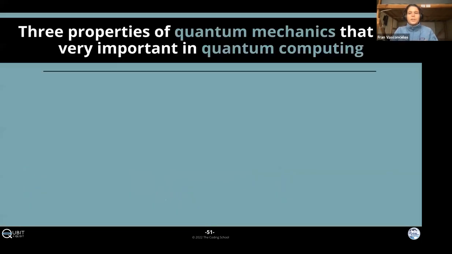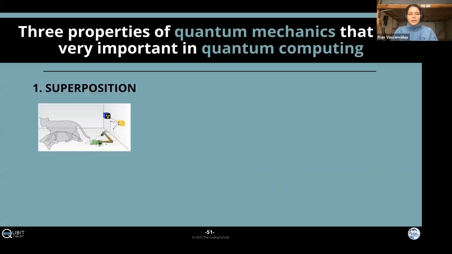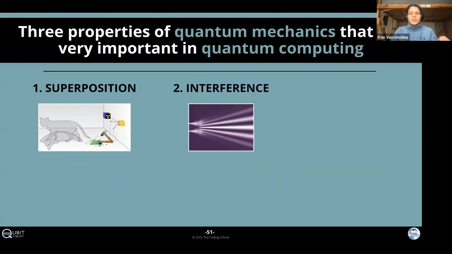Going a bit further into that, there are three main properties of quantum mechanics that are really important to quantum computing. The first one is the notion of superposition that we just talked about. The second is the notion of interference. To give you some insight at a high level of what I mean by interference, think about what happens if you were to drop two stones into water.